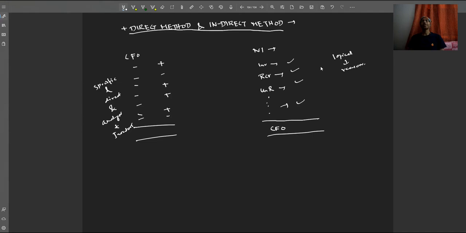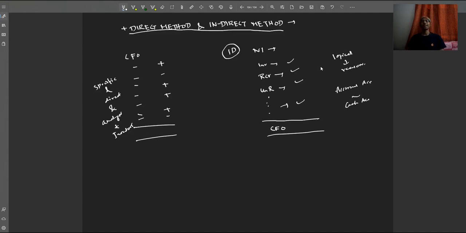These adjustments are basically accrual accounting and cash accounting timing differences, right? So these differences are explained better in the indirect method. Most of the time the indirect method is used by companies, while there are cases also where the direct method is used.